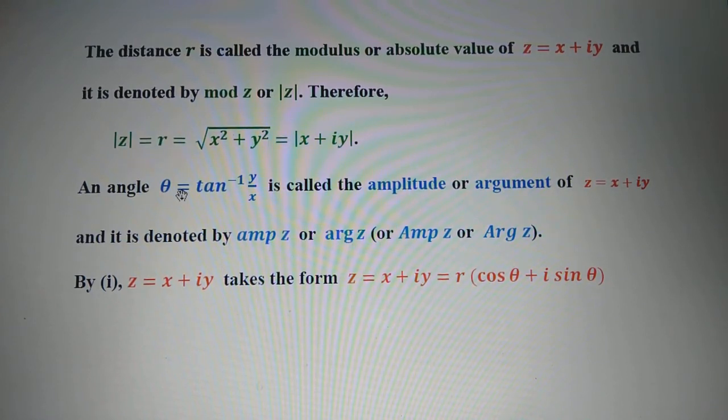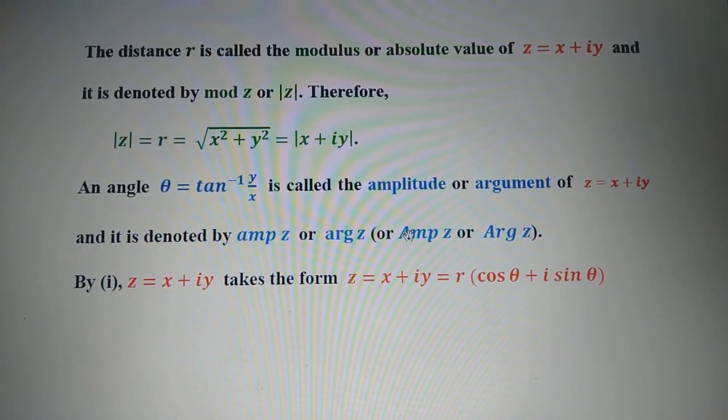And the angle theta, that is equal to tan inverse of y by x, is called the amplitude or argument of z equal to x plus iy, and in short it is denoted by amp z or arg z.